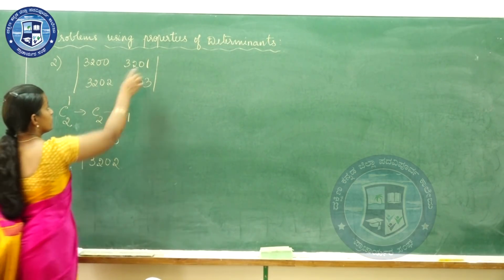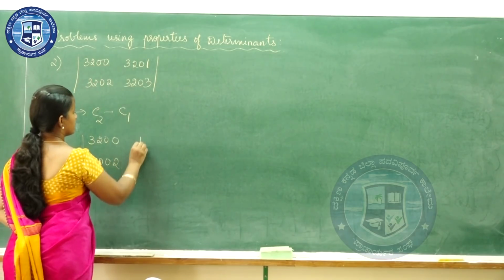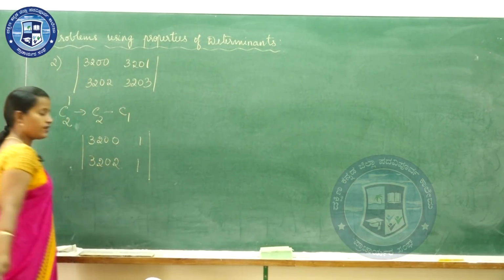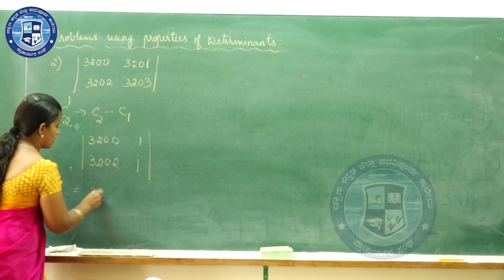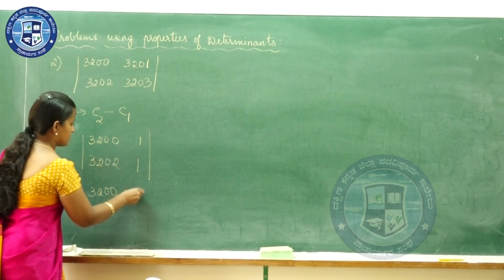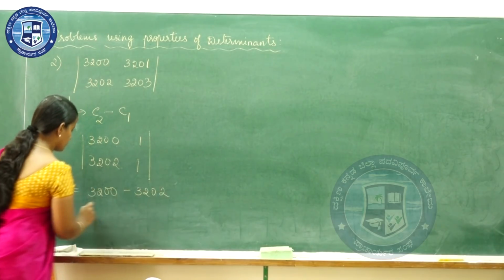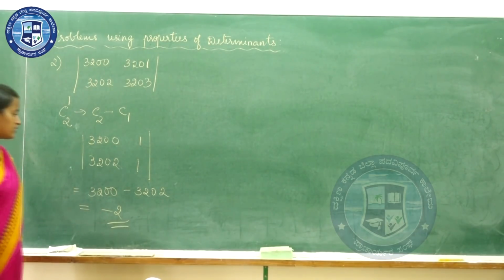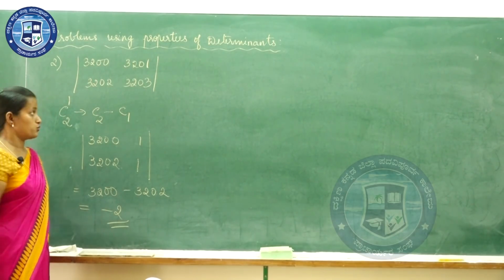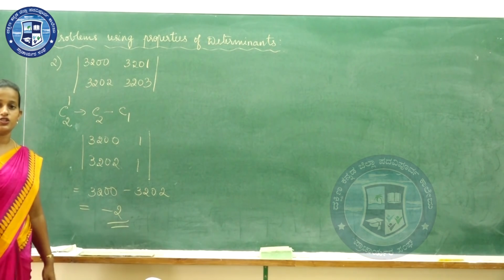The second column, column 2 minus column 1. So 1 and 1. Now expand the determinant, it is easy. So you will get 3200 minus 3202. So the answer is minus 2. 3200 minus 3202 is minus 2. So the answer of this is minus 2.